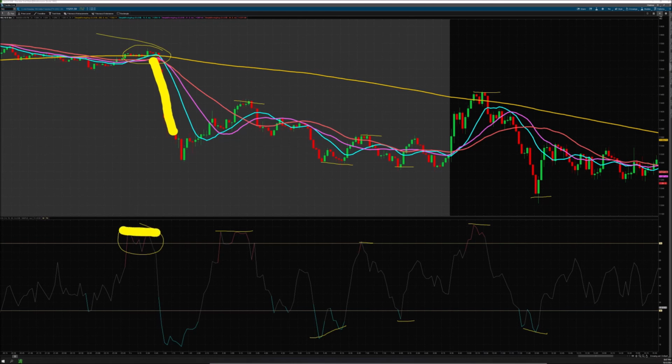Even the RSI was saying it was overbought, so it had to fix itself, a correction. This was the correction here, and this is what happened here.